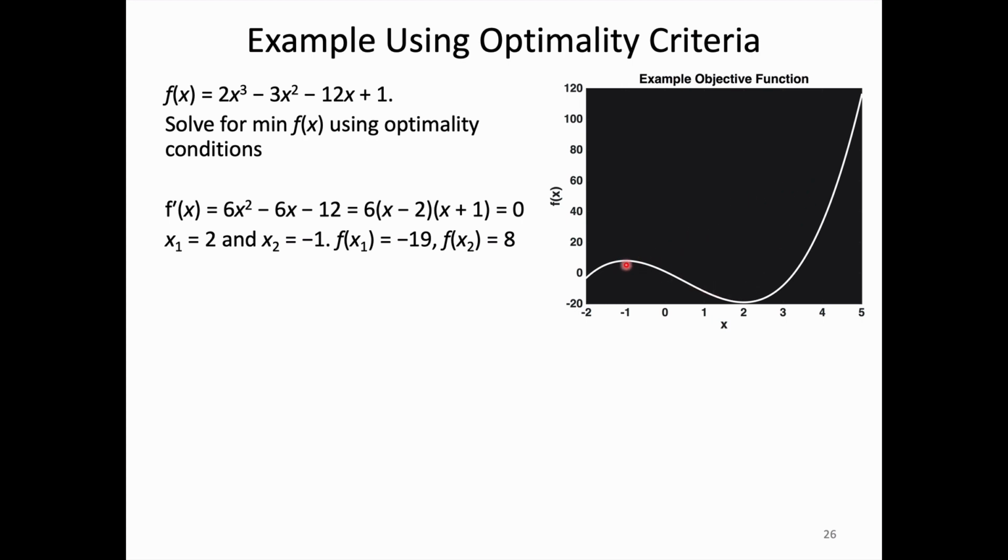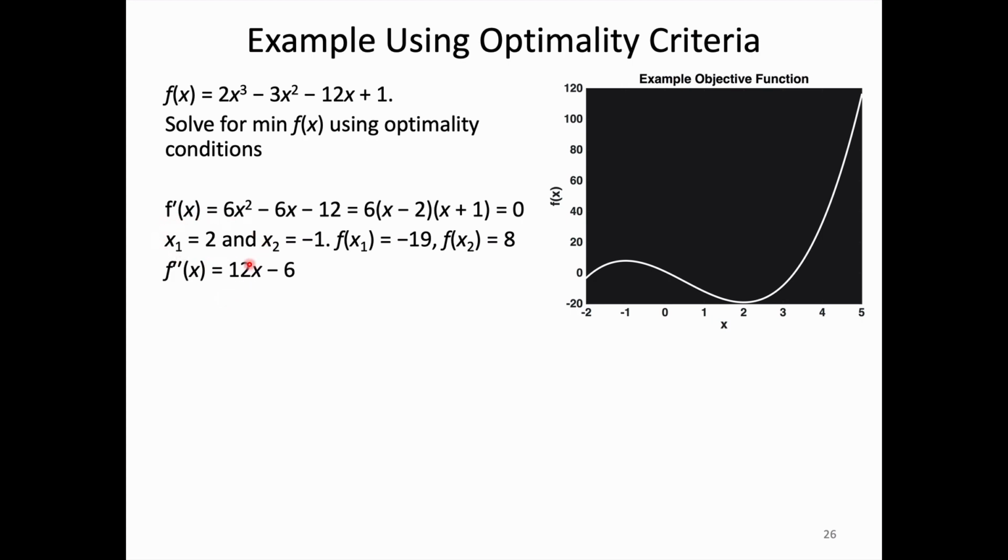But as we've discussed before, visualization really is a brute force solution approach, and we'd like to find the solution without having to visualize. We want to minimize how many times we evaluate the objective function as we work to find the solution. So let's have a look at the second derivative, and then we can evaluate the second derivative at both of these stationary points.